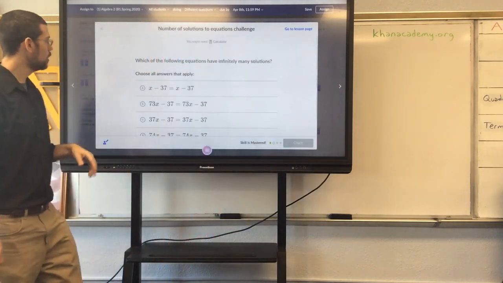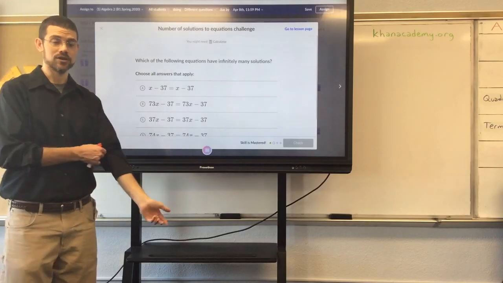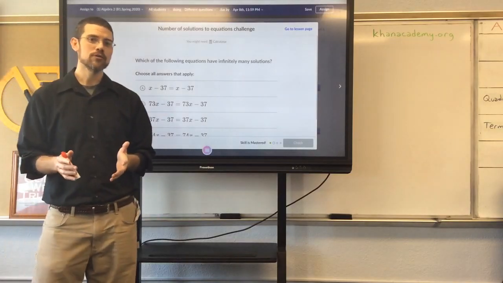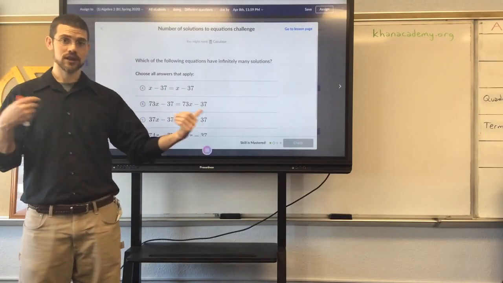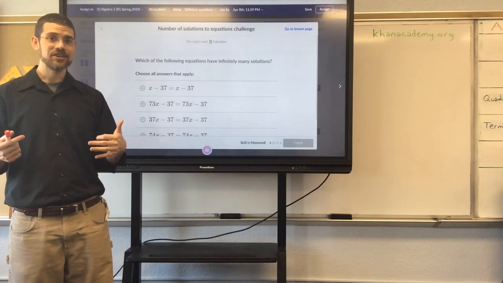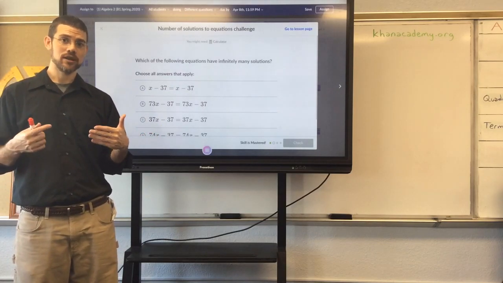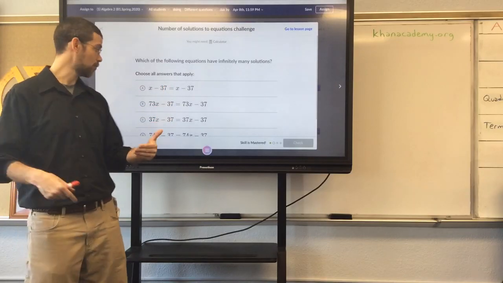Next question. Which of these equations have infinitely many solutions? You get infinite number of solutions when there's the same number of x's on both sides of the equation so that they cancel out, and you have to have the result be that the constants on both sides of the equation are also equal.